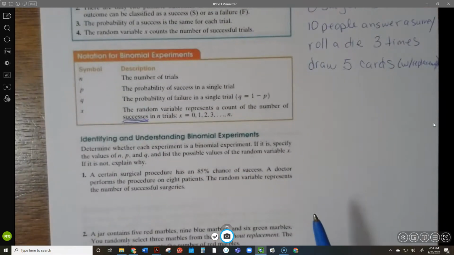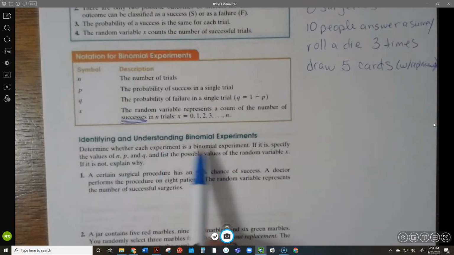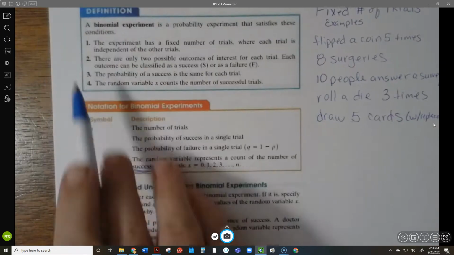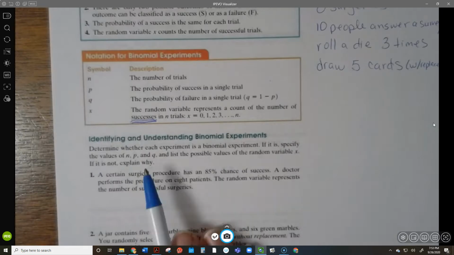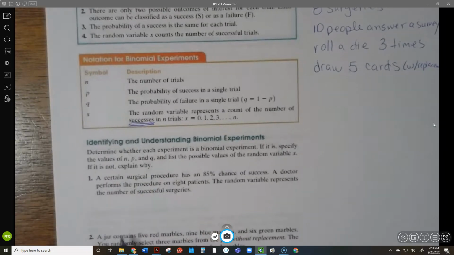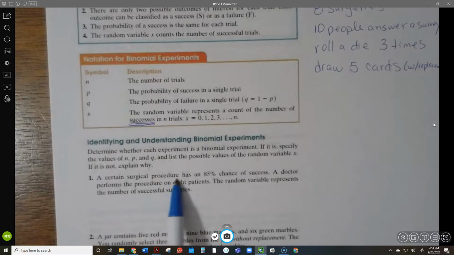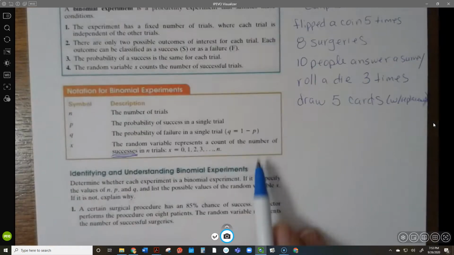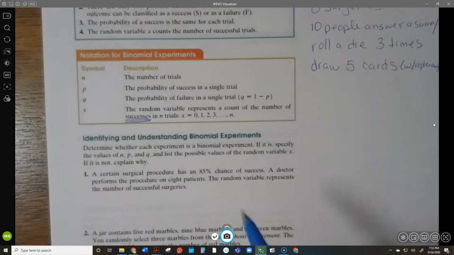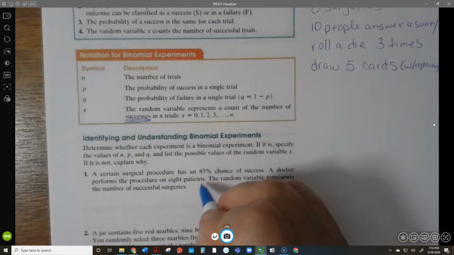So in this first example, it says, first of all, determine if this is a binomial experiment. So we have to go through this checklist right here. The first thing is, does it have a fixed number of trials? It says a certain surgeon has an 85% chance of success. The doctor performs the procedure on 8 patients. Did you see this right here? So does it have a fixed number of trials?